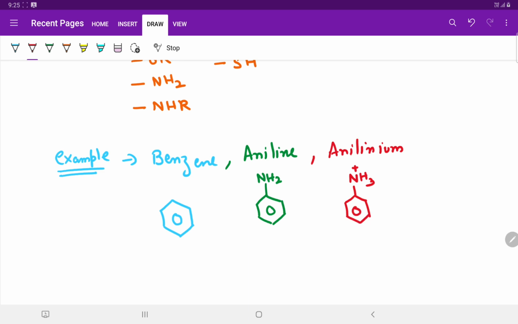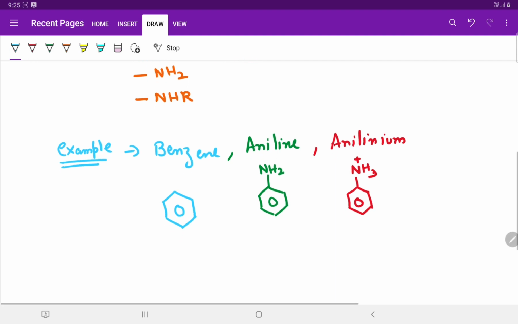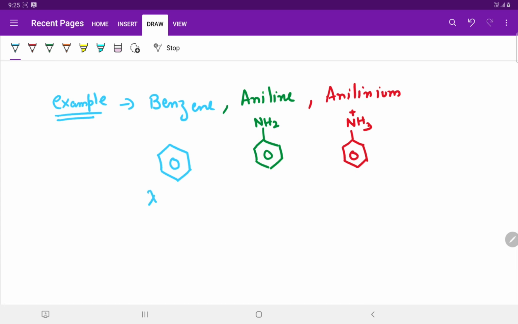But the lambda max is always different for these, and I shall also be highlighting the epsilon value of the same. So the lambda max for benzene will be 255 millimicrons and an epsilon max value of 203.